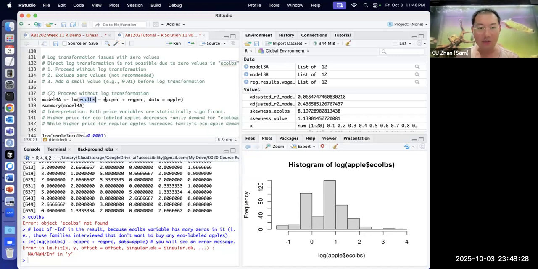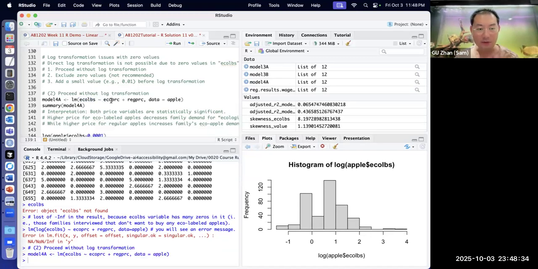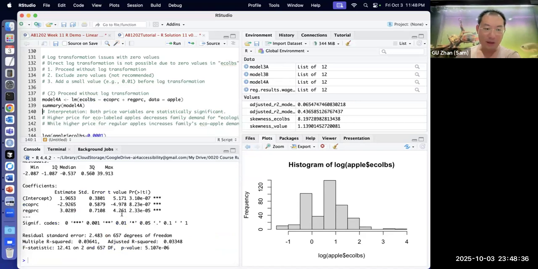So we use the pounds purchased, regressed on regular price and eco price. We have a summary of it. Let's have a look. What I see here is, first I look at the adjusted R squared, it's 0.03. It's a very small number. That means the purchasing behavior, the amount of eco-friendly apples the customer buys, is not really explained by the price.